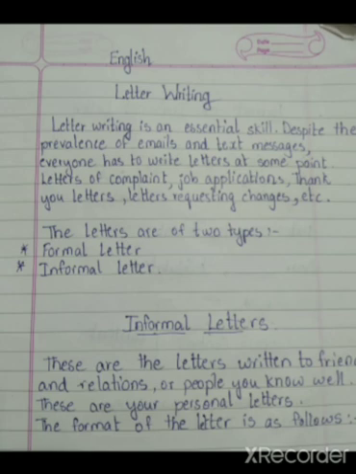They are at some formal position, some authority, right? Writing it to a collector, a police officer, or an editor of the newspaper, some formal place, some person having authority. To them, if you write a letter, that is going to be your formal letter.